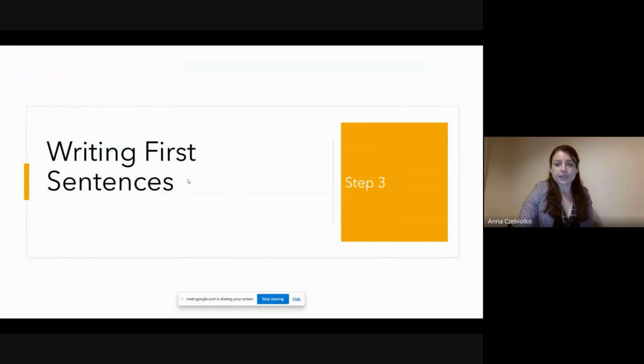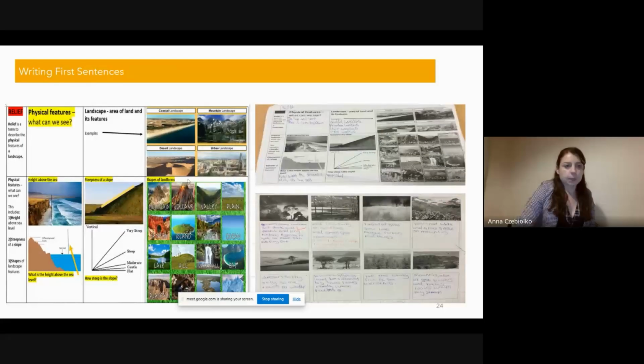We go to writing first sentences. Writing first sentences, again, we've got a matrix that is helpful. So we speak here about physical features, what can we see, and potential answers are provided. So we've got landscape, area of land and its features, you've got examples over here.